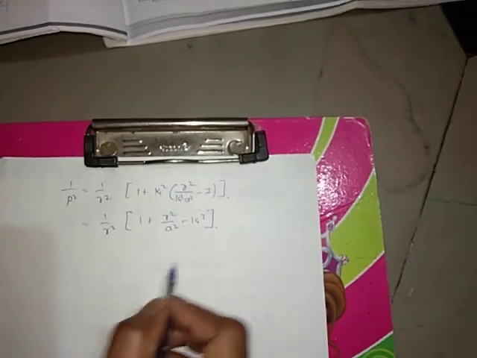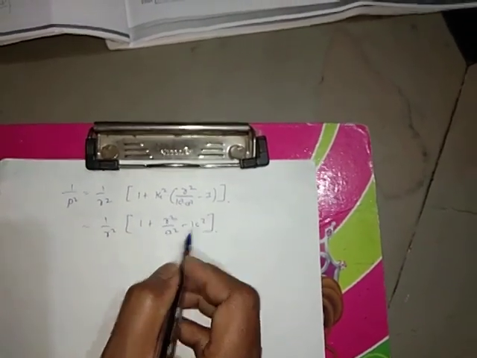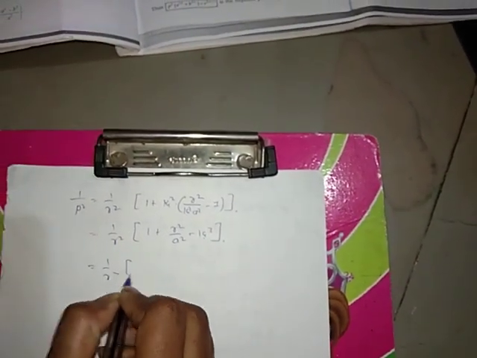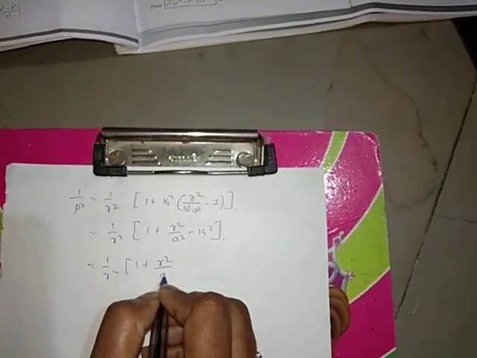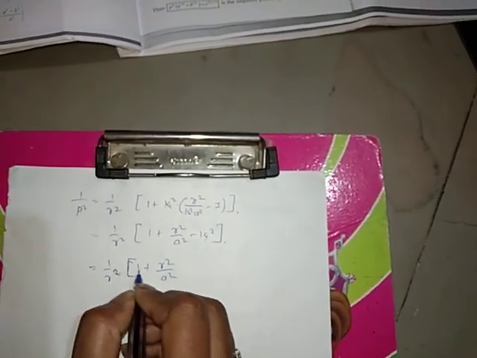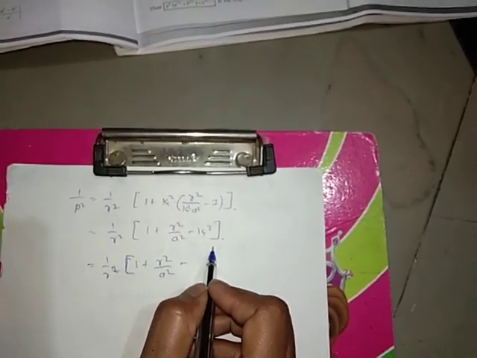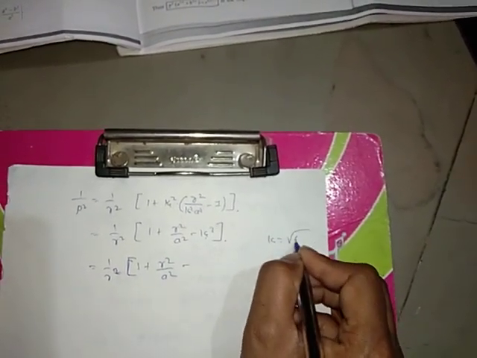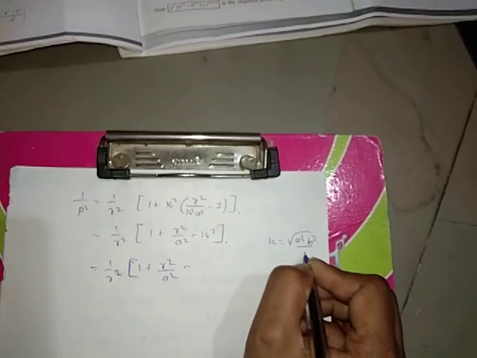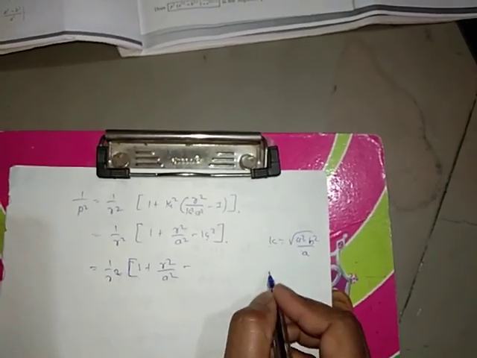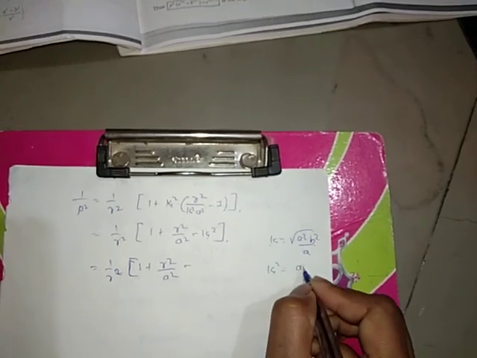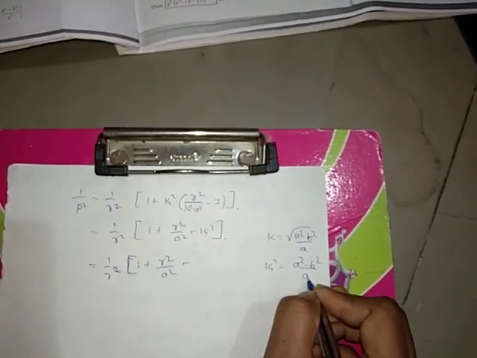Now we have to substitute the value of k. The value of k is the square root of a square minus b square divided by a. Take a square on both sides: k square equals a square minus b square divided by a square.